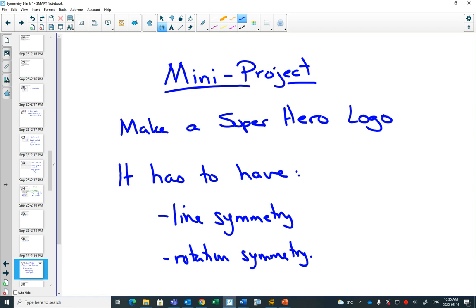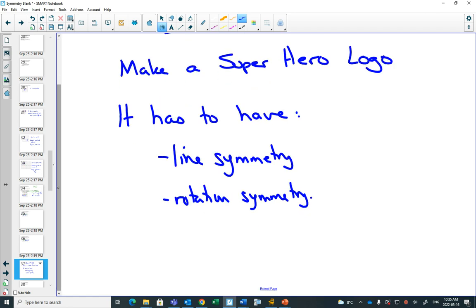So what you're going to do is draw your logo, color it in, make it pretty. Then, on your paper, you have to state what kind of line symmetry it has. So this one says it has two lines of symmetry, this way and this way.